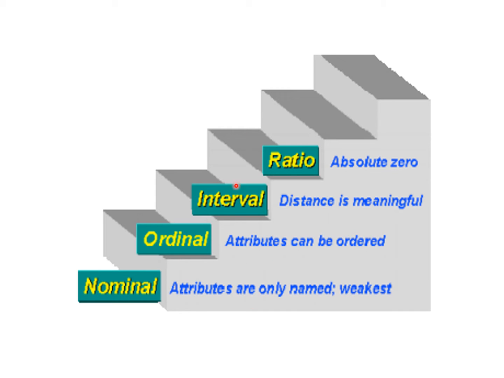Remember, ratio has an absolute 0, while interval, the distance between the scale is meaningful, and ordinal, its attributes can be ordered or ranked, and nominal is only a name, it's not a number as it is.